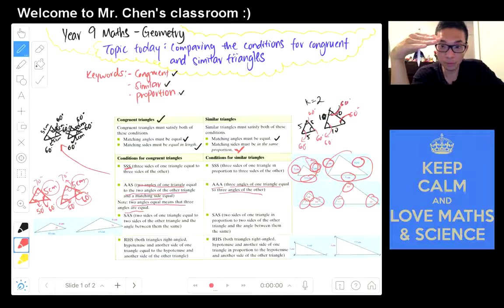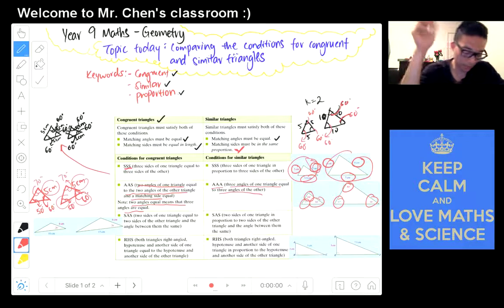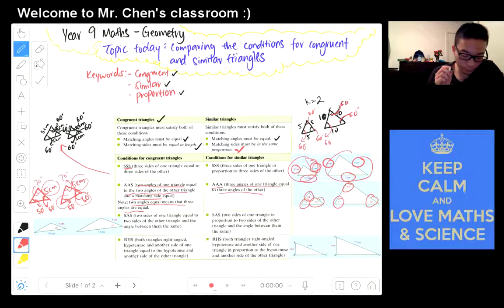That means the angle is actually in between 2 of the sides, 2 of the lengths. One of the very clear examples is over here. We have one side of 10 centimeters, followed by 28, which is the angle in between two sides, and then followed by a 4.